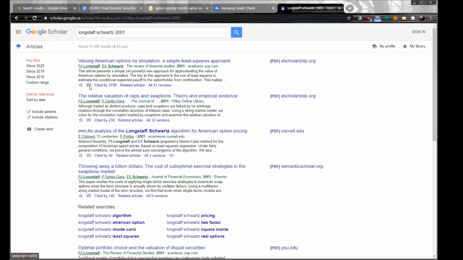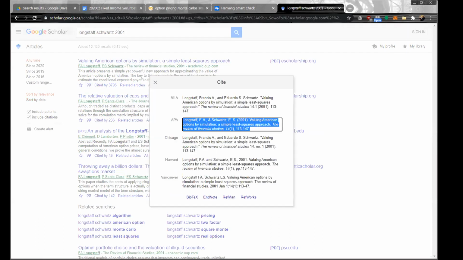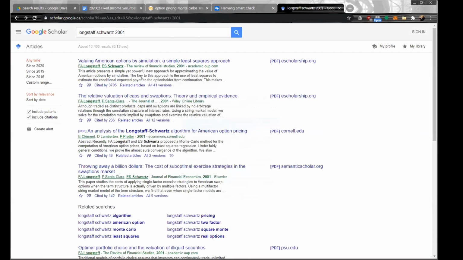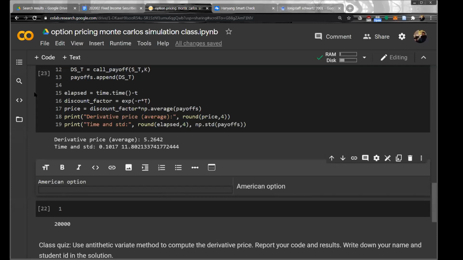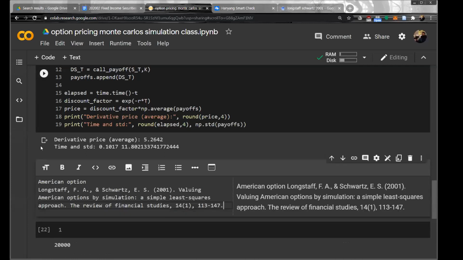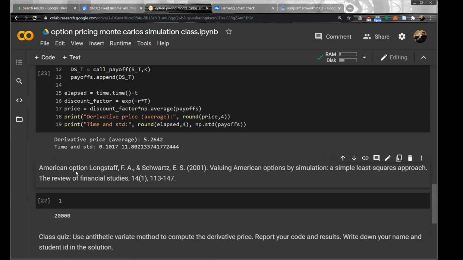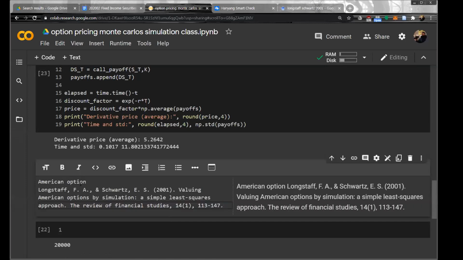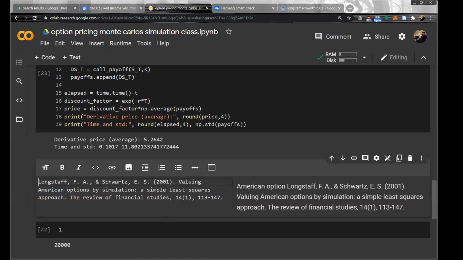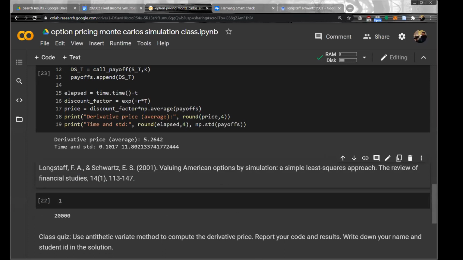This is a very famous paper, and we will learn the method described in this paper, this famous technique.